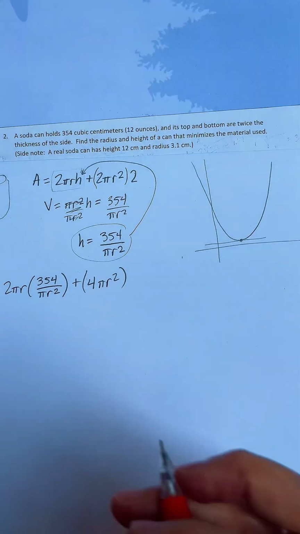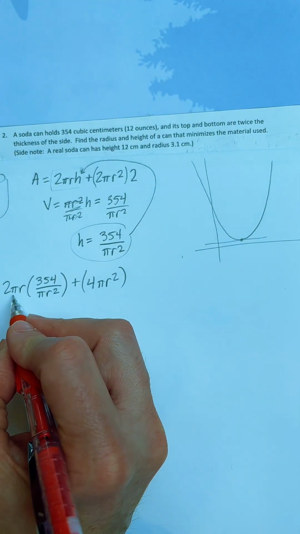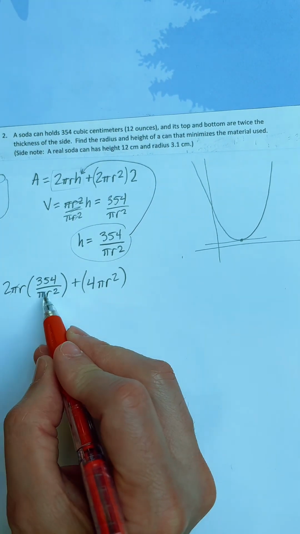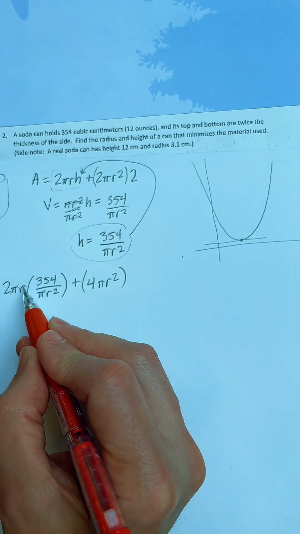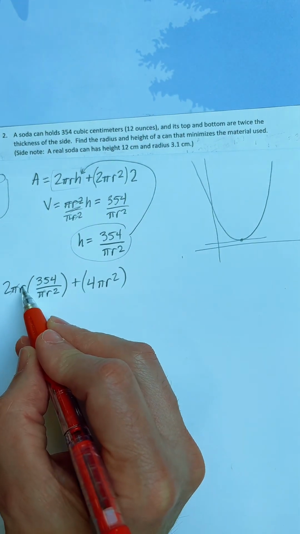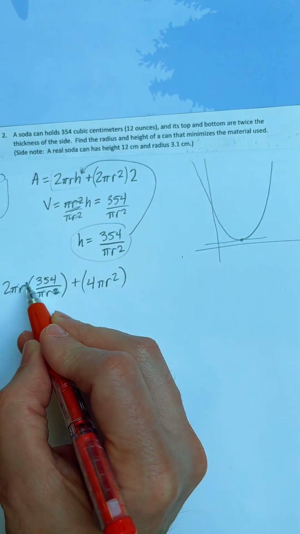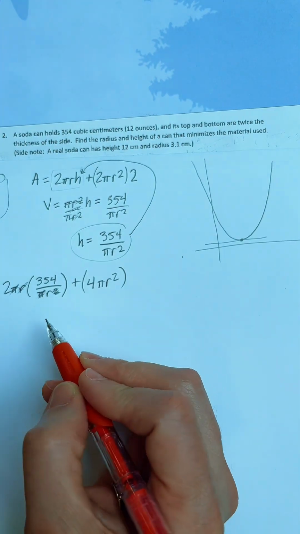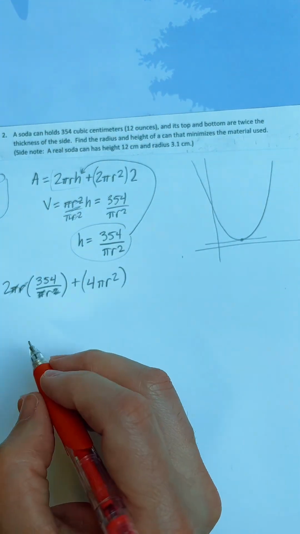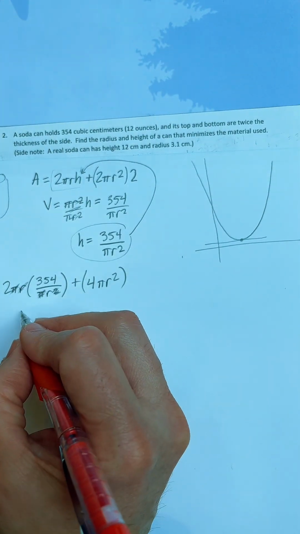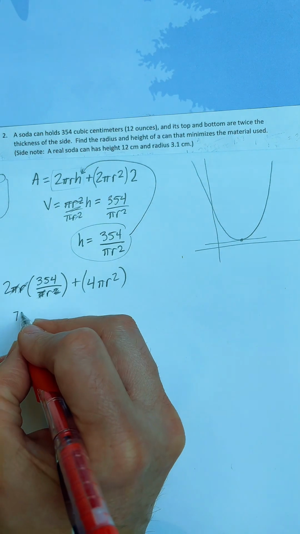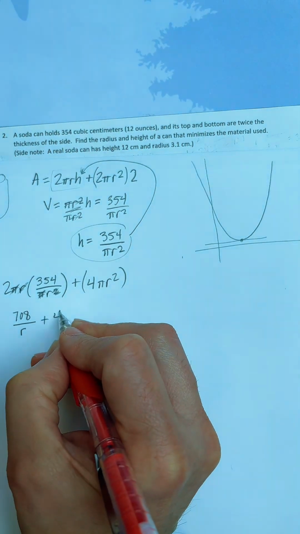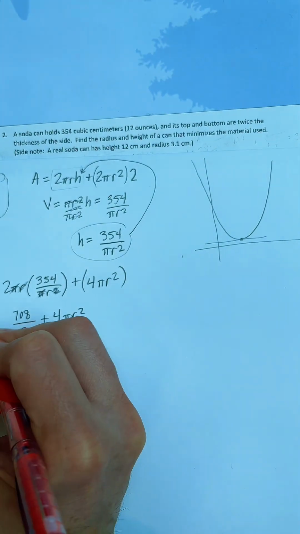Okay, so now I'm going to multiply the 2 times this, and essentially I could cancel out these pi's, and then one of these r's could go away. So I'll scratch out the r squared and scratch out the pi, and it'll be 2 times this, and then we got that. So 2 times 354 is 708 over r plus 4 pi r squared.